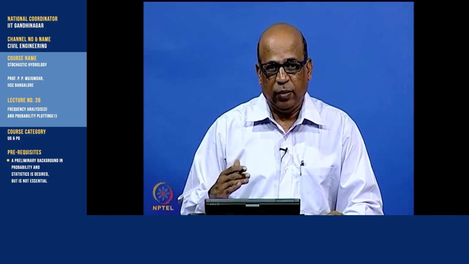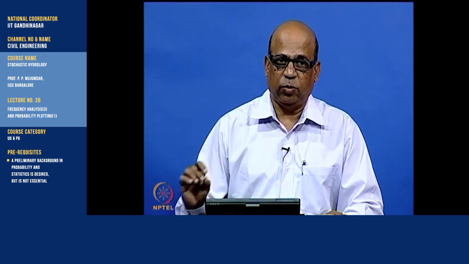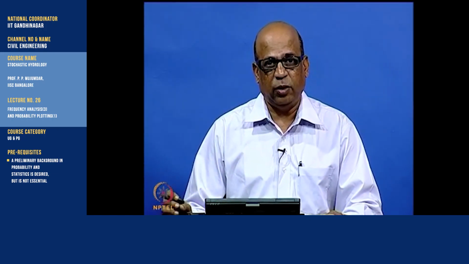So, you prepare probability papers for normal, exponential, log normal, Gumbel distribution and so on, such that if the data actually follows that particular distribution, then the data will plot as a straight line.